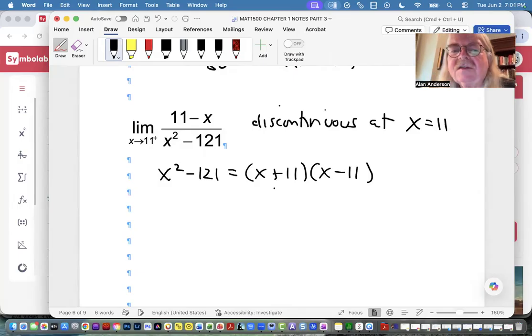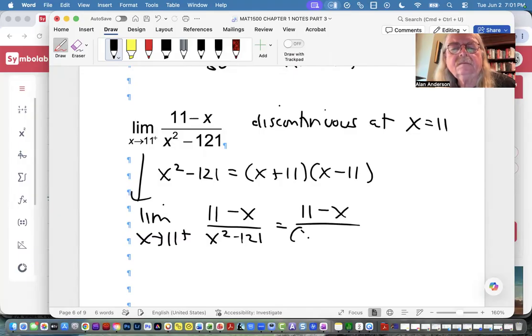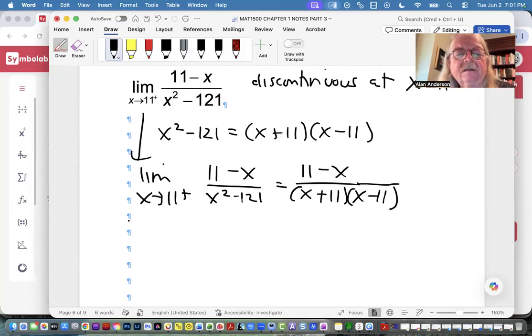It just so happens that this expression equals x plus 11 times x minus 11, and you can double check that with FOIL if you want to. So you've actually got here, and this is where it gets a little tricky.